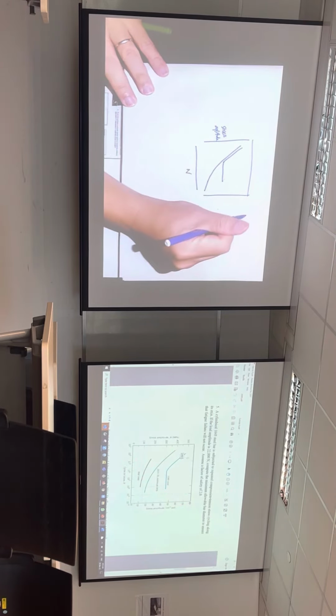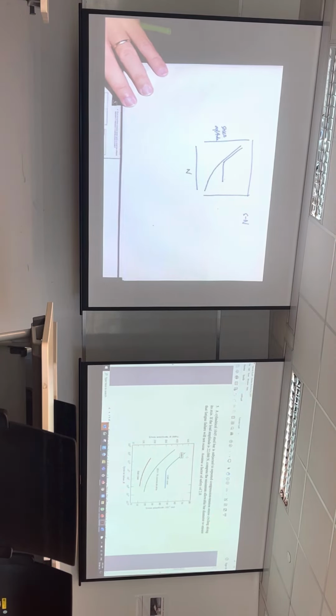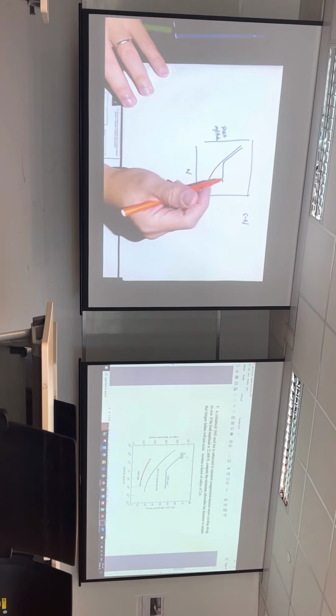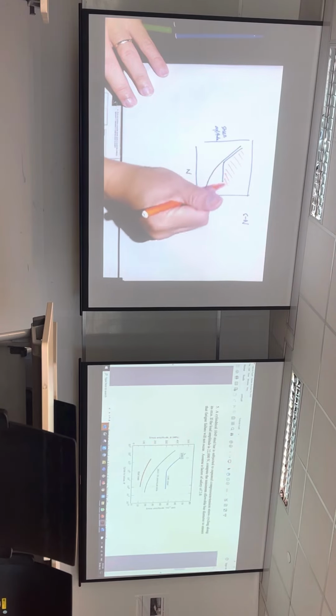In this world, sometimes they call this an SN curve. This is basically a plot which tells you where it will fail.